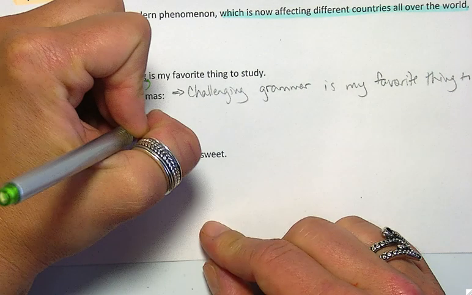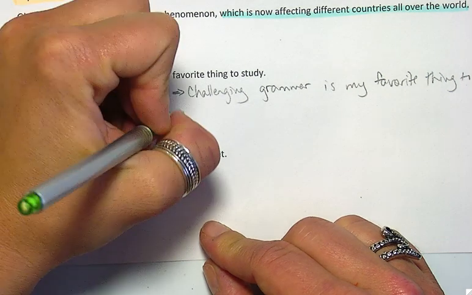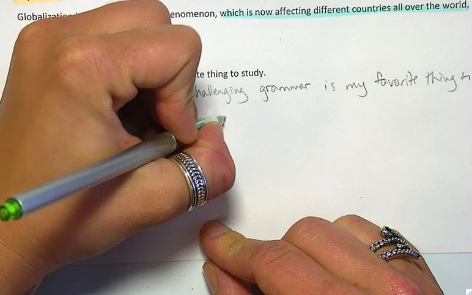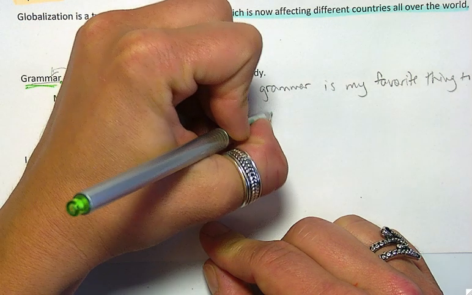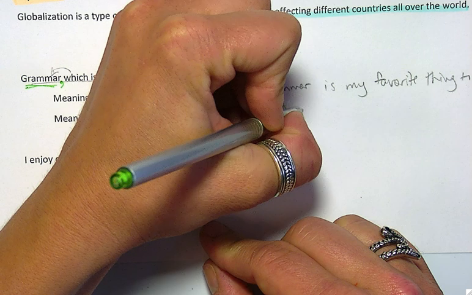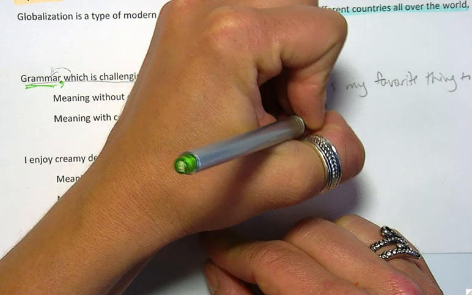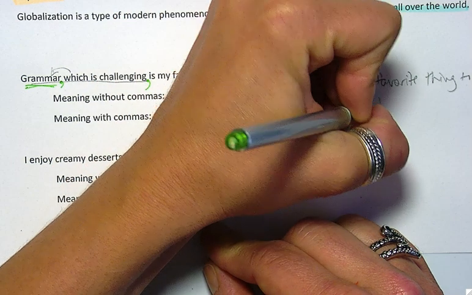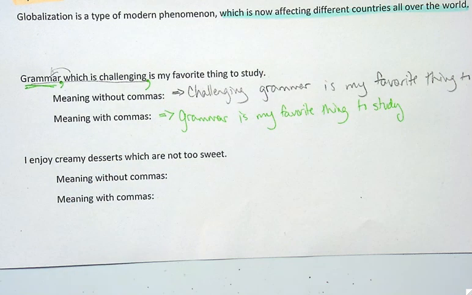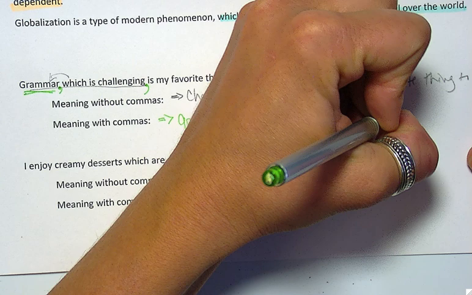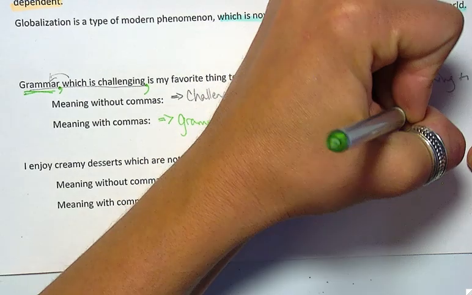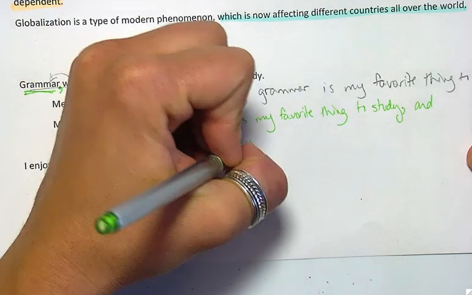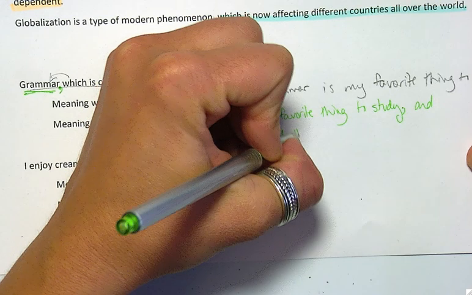This means, if we add commas, it means grammar is my favorite. Grammar is my favorite thing to study. And it is challenging.